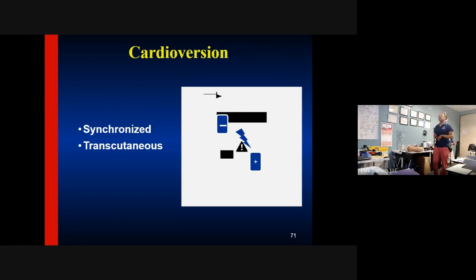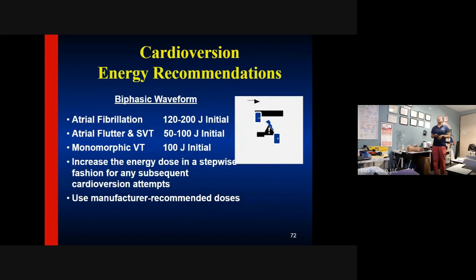Cardioversion, synchronized cardioversion. You know, when we synchronize cardioversion, we're synchronizing on the R wave. So now the protocol says to use your manufacturer's recommendations for this stuff. You don't have to guess. If you don't know, use the manufacturer's recommendations for it.